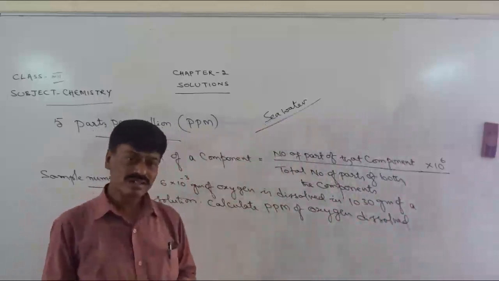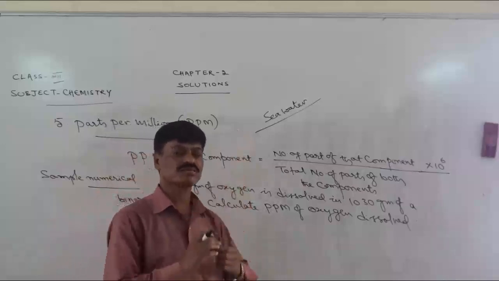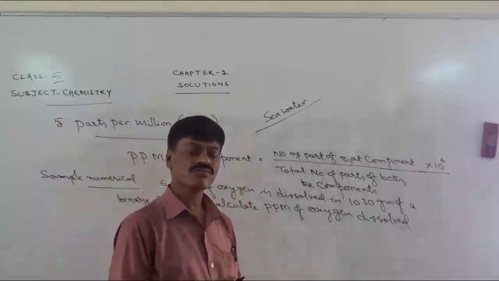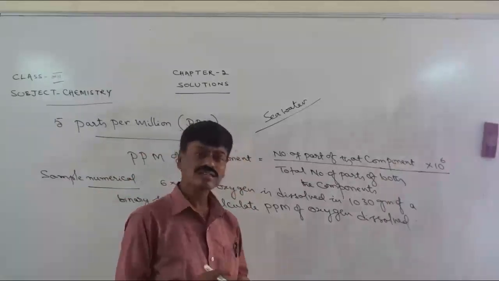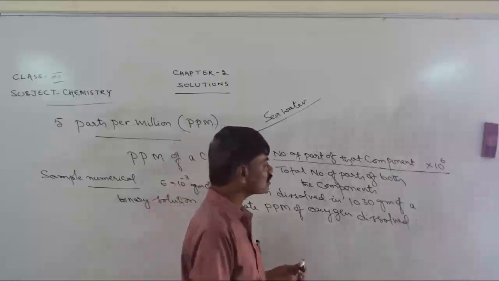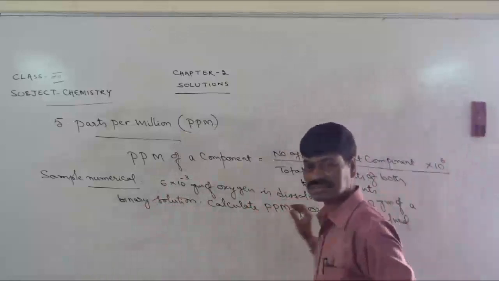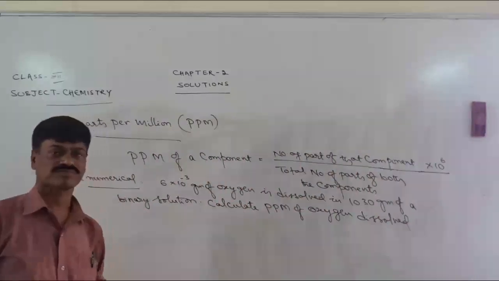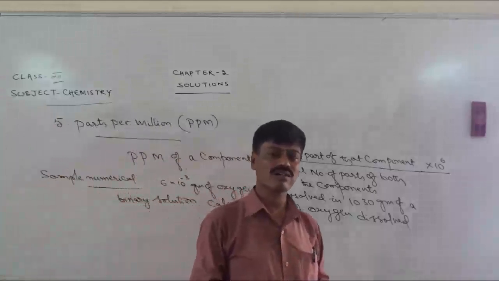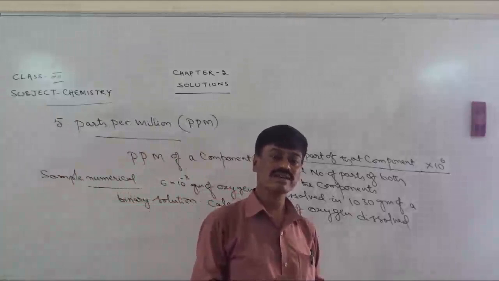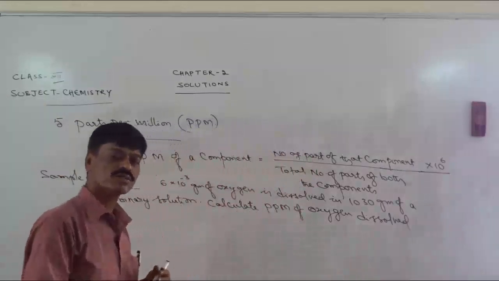If we take seawater, the salts dissolved in that solution, including oxygen, total 1030 grams. Here our focus is on oxygen, not on the other salts. If we take sodium chloride, then our focus will be on brine, B-R-I-N-E. Then our focus is on sodium chloride.